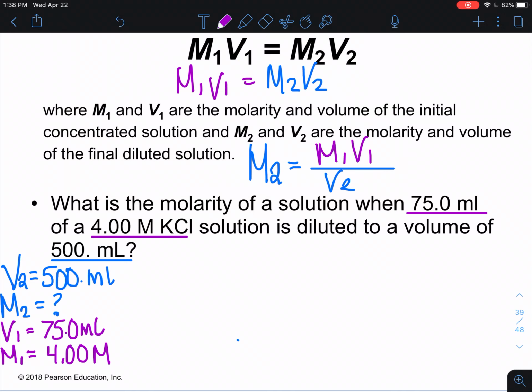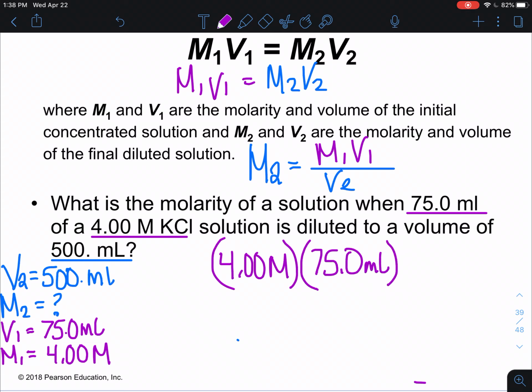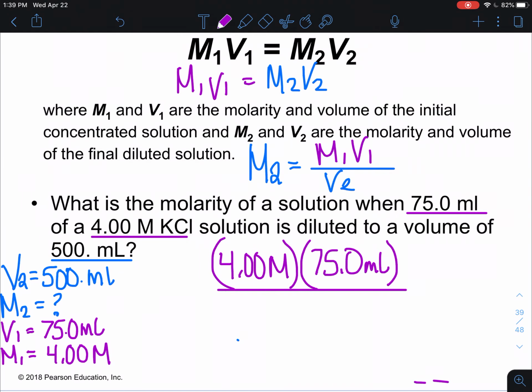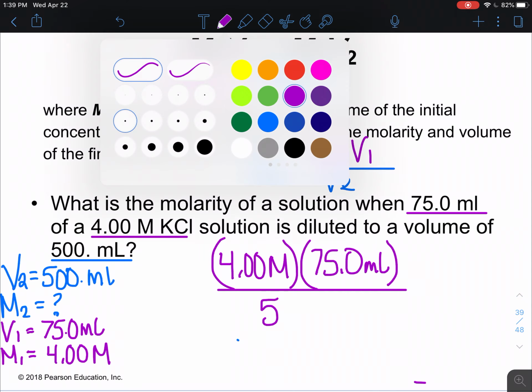All right, so now I'm going to take that and I'm going to plug that in down here. M1 is going to be 4.00 molar, put that in parentheses, okay. V1 is going to be 75.0 milliliters. And that's going to go over V2, which is 500.